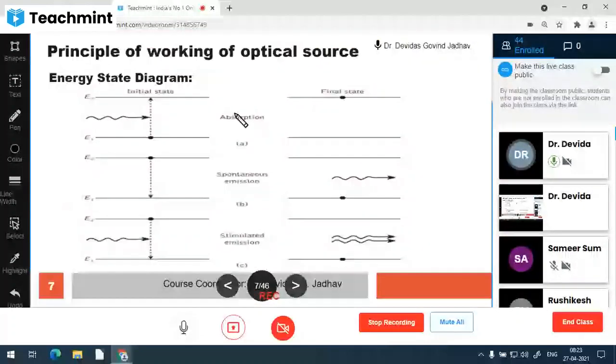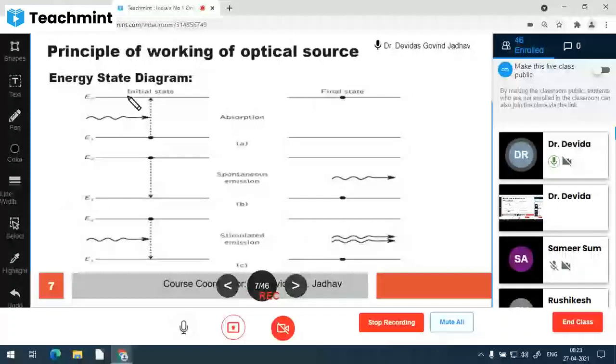The source can absorb a small number of photons, but the source is having a large number of emissions, spontaneous emission and stimulated emission. But detectors are majorly absorbing the photons and converting them into electrical charges.